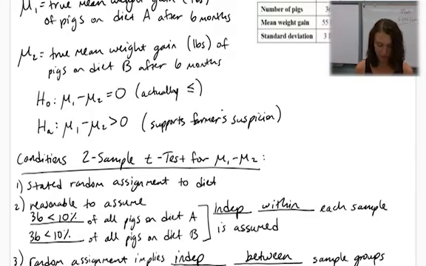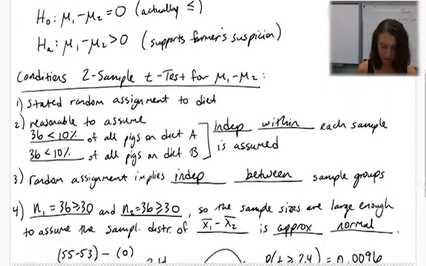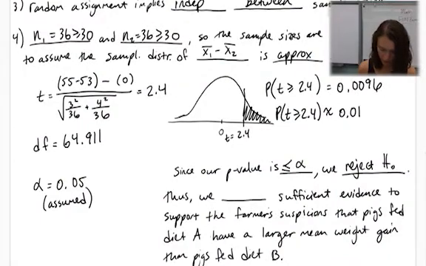The alternate hypothesis supports the farmer's suspicion. So if I'm rejecting H naught, then I can support his suspicion. Thus, we have sufficient evidence to support the farmer's suspicions that pigs fed on diet A have a larger mean weight gain than pigs fed on diet B.